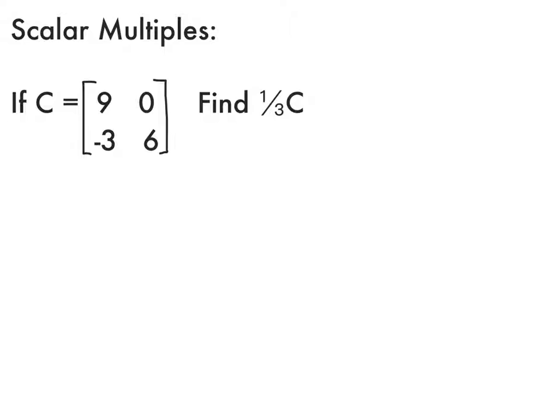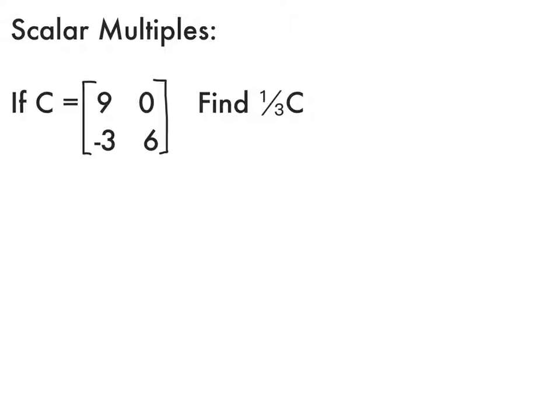Another operation that you can perform on a matrix is something that we call a scalar multiple. So a scalar is any number, and I can actually attach that to a given matrix. So for example, I have matrix C, and what I'm asked to find is 1/3 of C. So that means that I'm going to multiply each number in my matrix by the scalar, hence scalar multiplication.